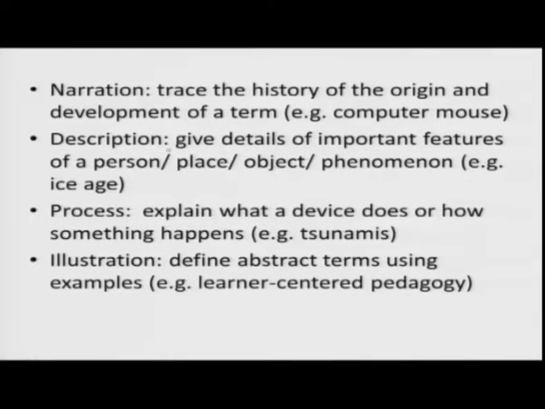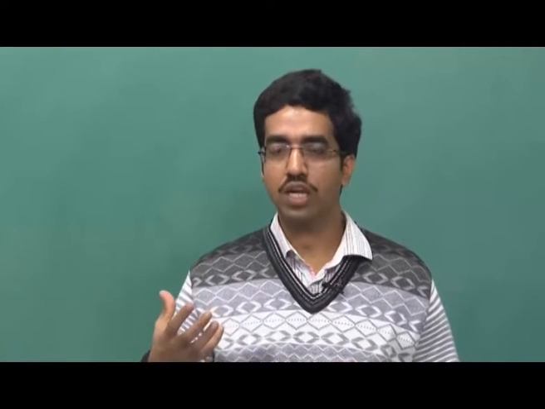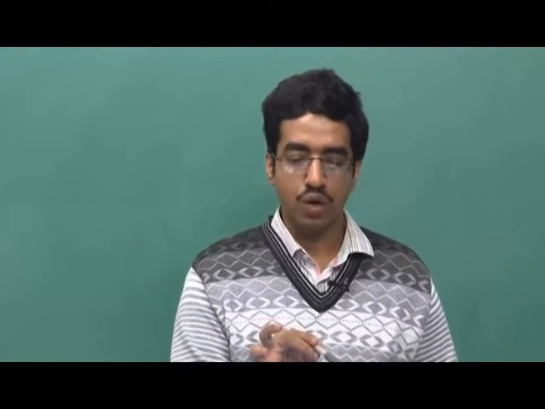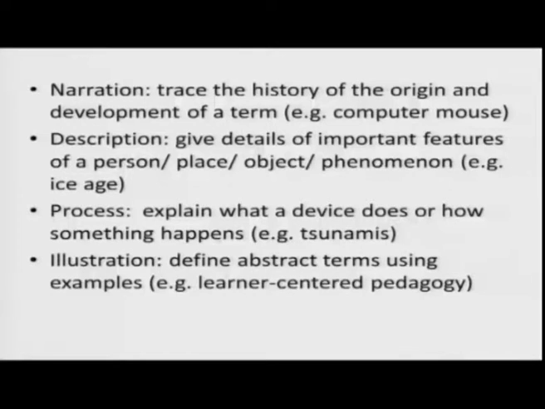Second is description. You give details of important features of a person, place, object, event, or phenomenon. For example, ice age. If you are defining ice age, then you explain the polar ice extent, how the climate would be. All those things you will include. Next is process. Here you explain what a device does, how something happens.